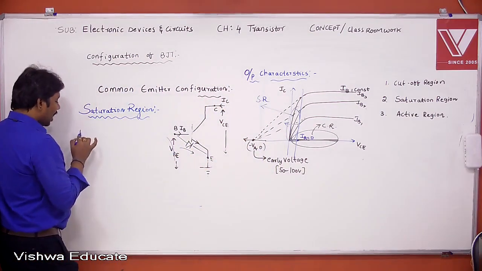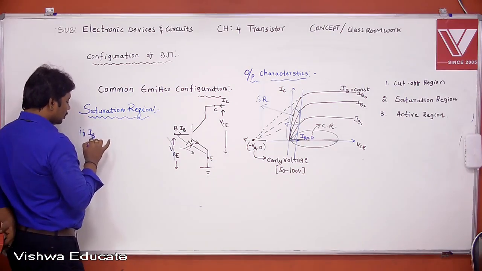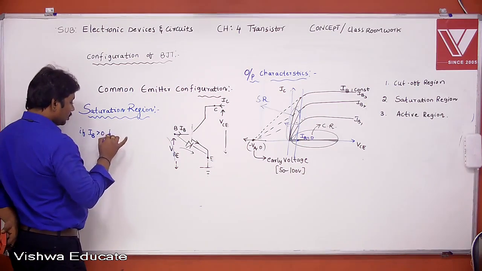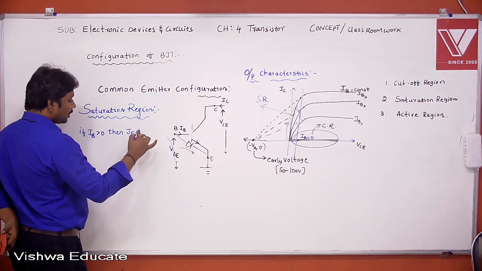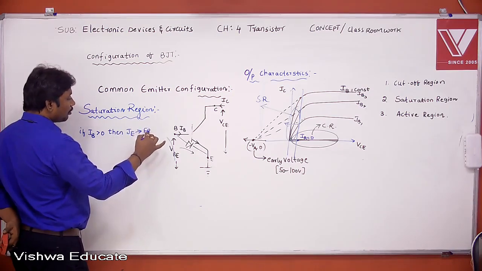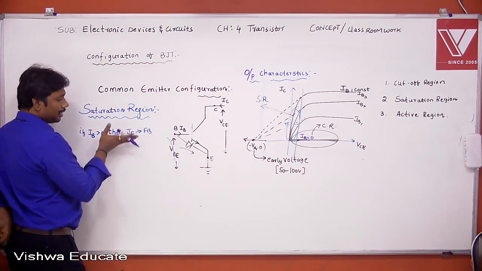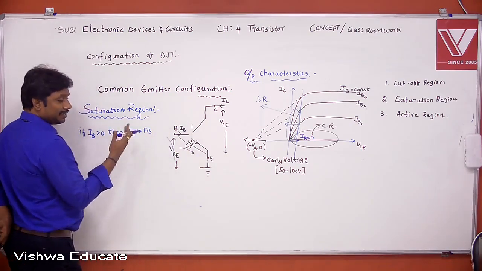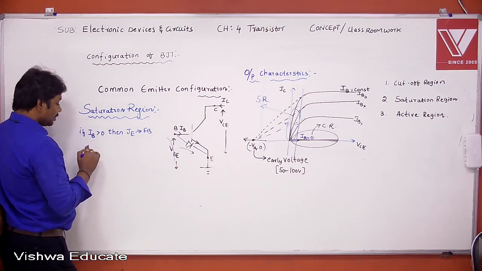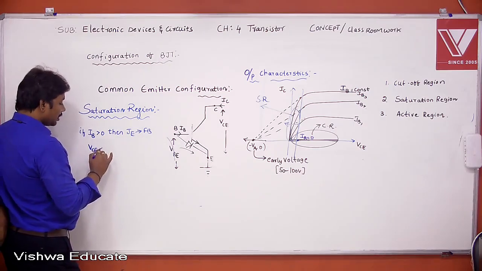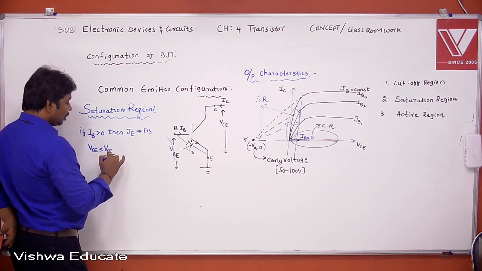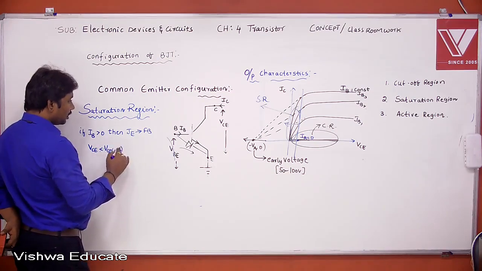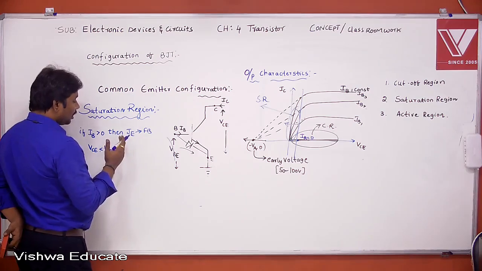If IB is greater than 0, then what happens to the emitter junction? The emitter junction is in forward bias. IB greater than 0 means it will flow some current, that means that junction is in forward bias. Similarly, the VC is less than VC of SAT, left of the VC.